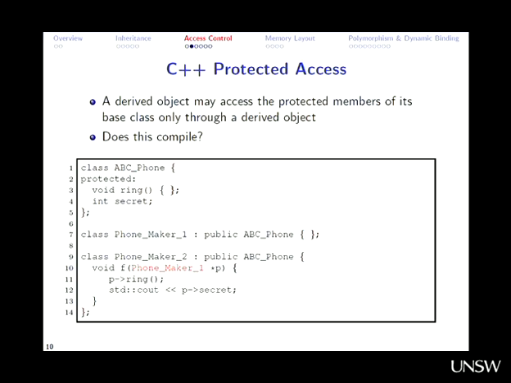It becomes an awful mess pretty quickly. So you'd probably want to make, say, the ring function public or something like that. It depends on what you're designing. Toy examples you can have lots of problems with. If you had a situation where they all need to be friends with each other, there's probably something broken in your architecture, and you probably need to think about how to fix that.